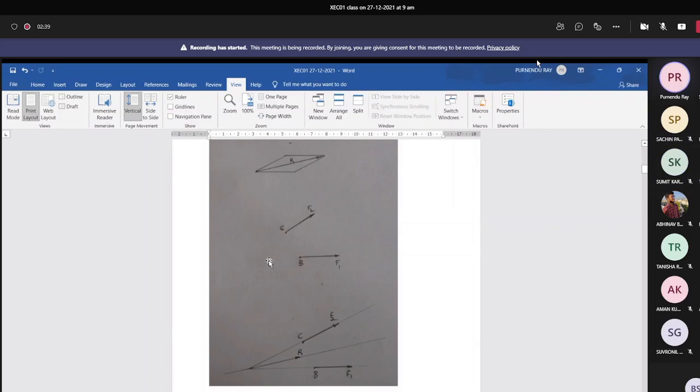Now, this system of two vectors F1 and F2 parallel to each other is equivalent to a 4 vector summation, that is F3 plus F4 plus F5 plus F6. Now, we consider any two of these components out of the 4, F3 and F4 corresponding to F1, and F5 and F6 corresponding to F2 parallel to F1.